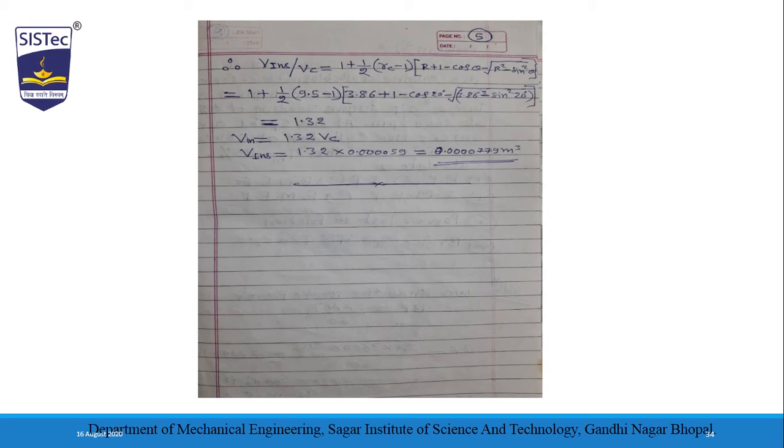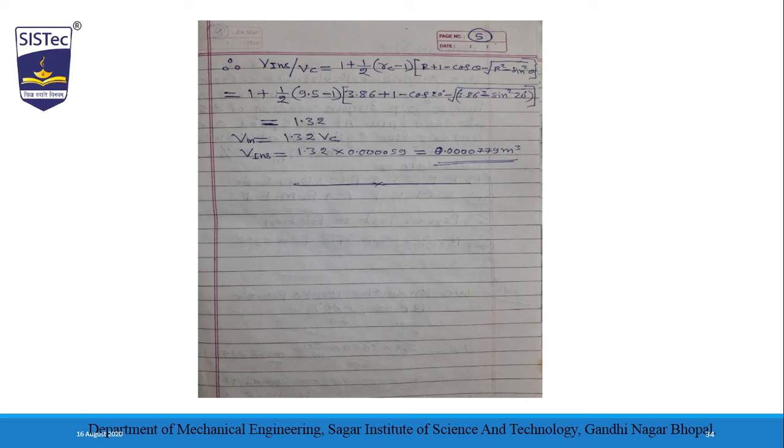So according to the formula of the instantaneous volume, V instantaneous divided by clearance volume equals 1 plus 1 by 2 (RC, that is the compression ratio, minus 1), and in the bigger bracket, R plus 1 minus cos theta minus under root R square minus sin square theta.